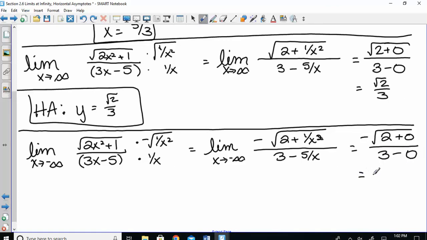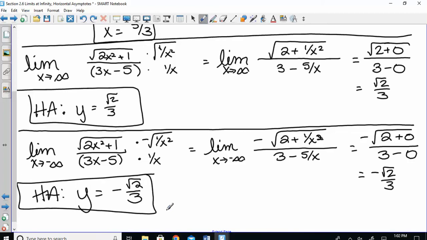On the bottom, you have 3 minus 5 over infinity, which is 0. So this time we get a negative radical 2 over 3. So this one has a second horizontal asymptote: y equals negative radical 2 over 3. And that's why we have to check both positive and negative infinity, because sometimes the answers do not match.